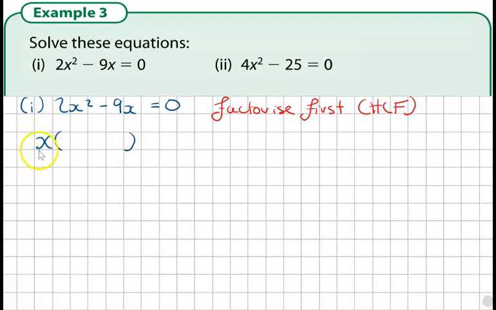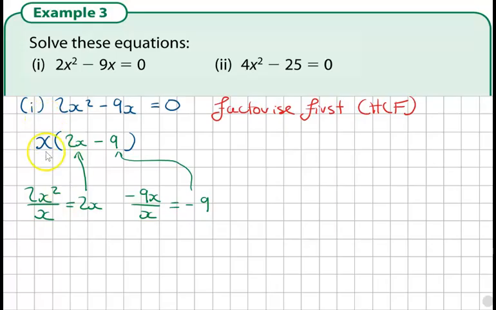So x is our highest common factor, and then 2x squared divided by x is 2x, and that goes into the bracket. And then minus 9x divided by x is -9, and that goes into the bracket. So factorizing, we get x multiplied by 2x minus 9.